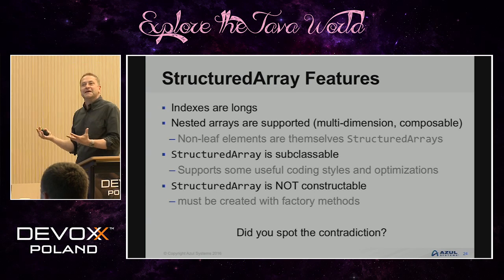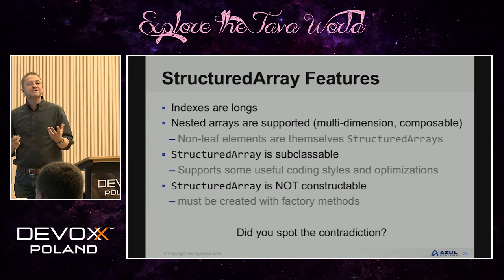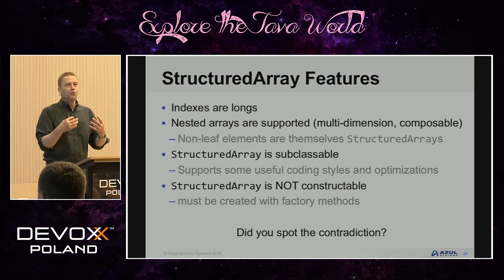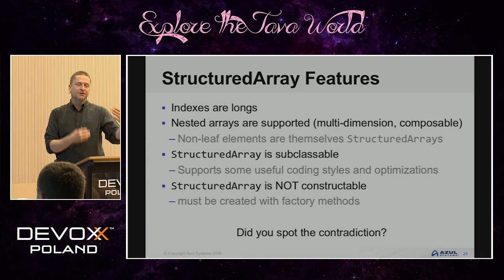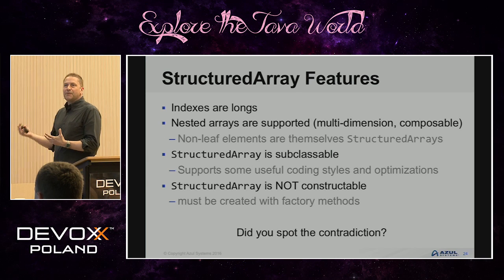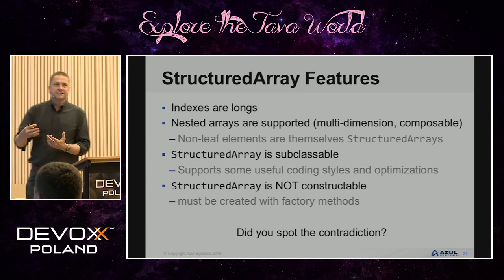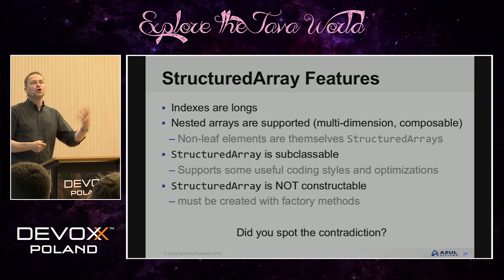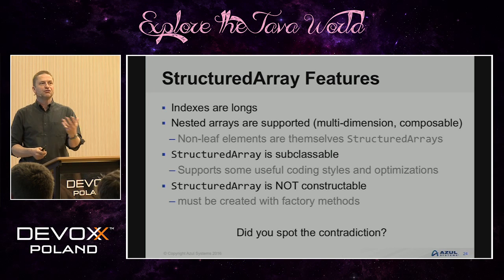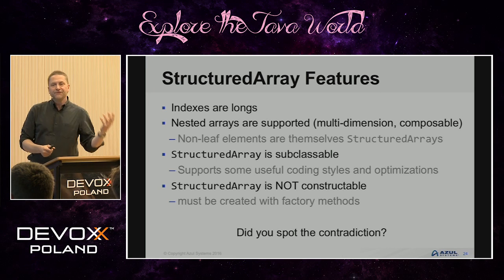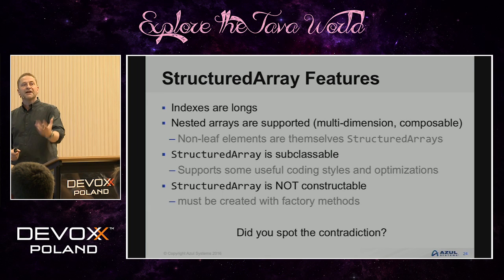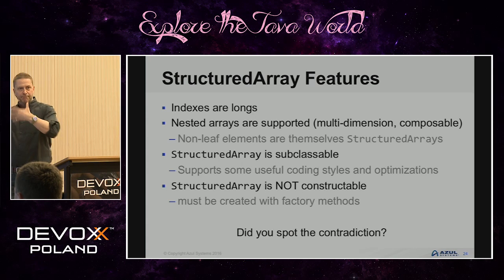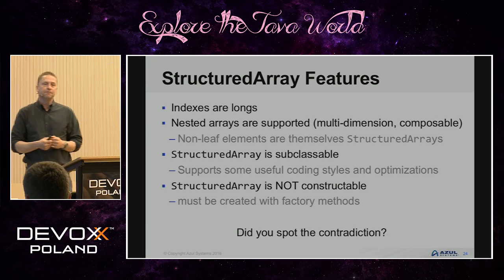So what happens is that the constructor is available. There is a public constructor which can be called, because there has to be in order for it to be subclassable. But the constructor contains, or is passed, context as to where that constructor is being called from. If the constructor is called from the factory method, the context is right, and so the constructor goes, yep, okay, and just carries on and does what it needs to do.